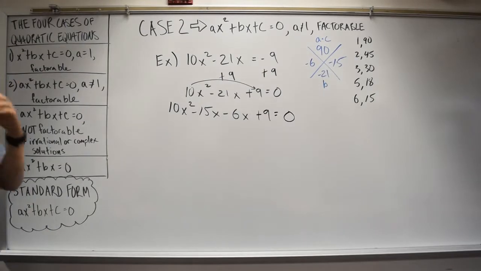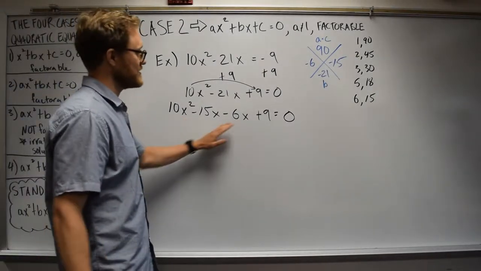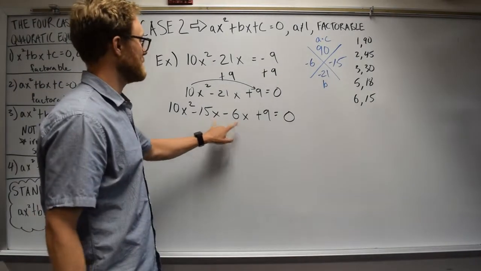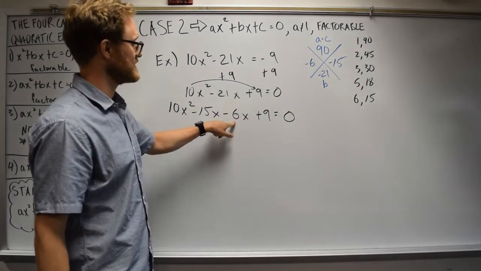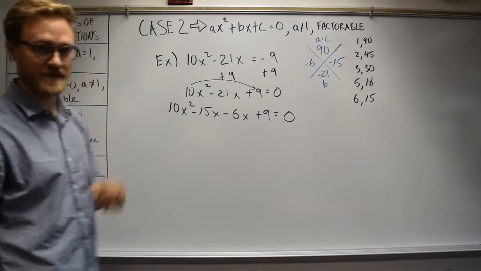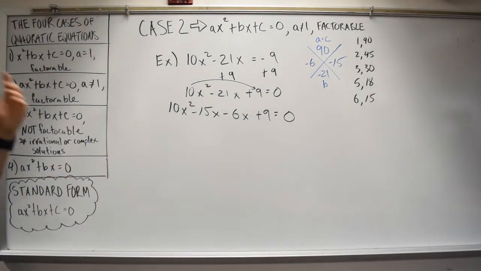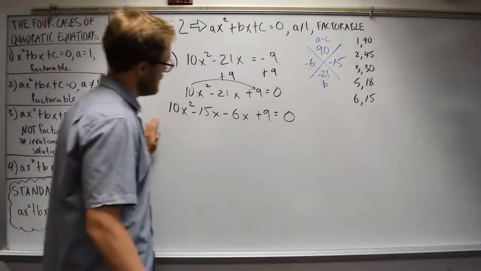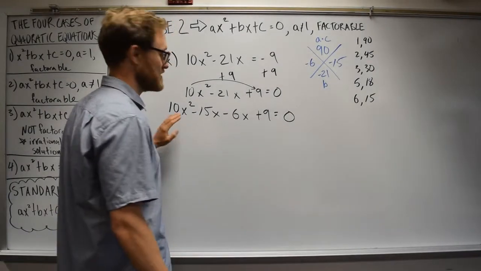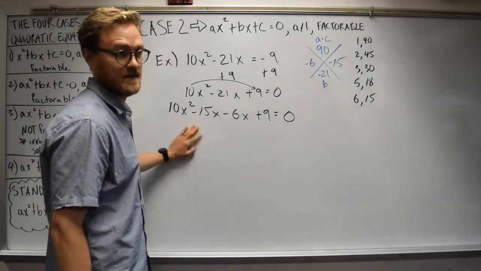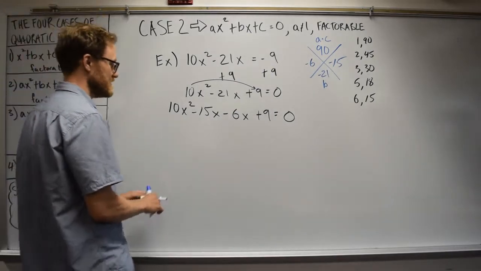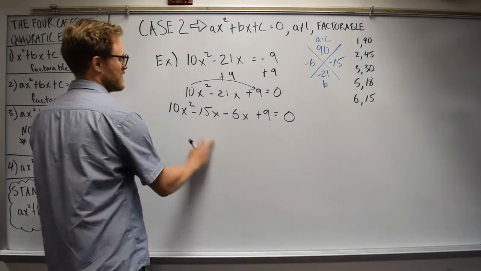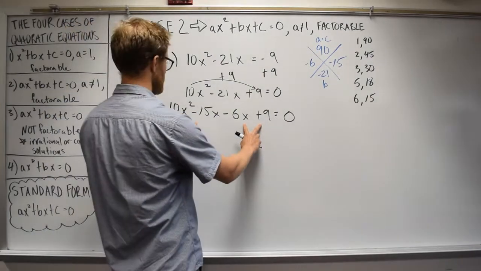Now, if you think about it, I have not changed the equation because when you combine these two like terms, negative 15x minus 6x is the same thing as negative 21x. So you're changing the way the equation appears, but you're not actually changing the structure of the equation.